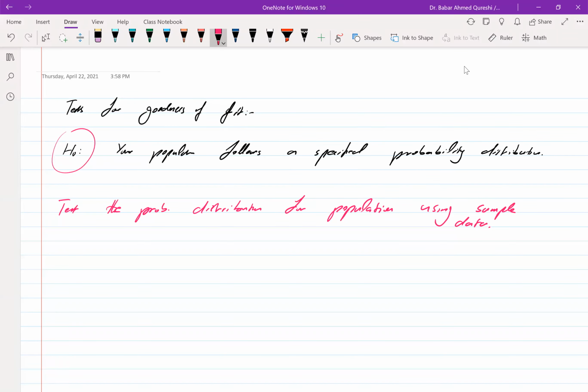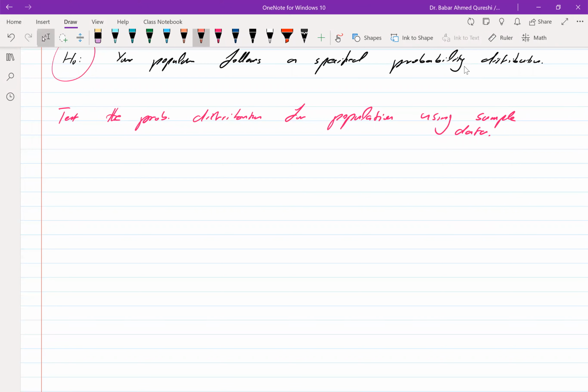So for example, suppose you have a certain normal distribution which you believe holds for your population, and you know what its mean is, what its variance is, standard deviation is, and now you take a sample, and from the sample you plot the frequencies.